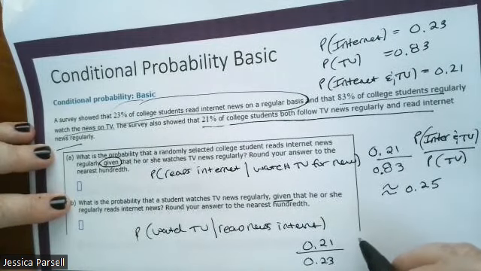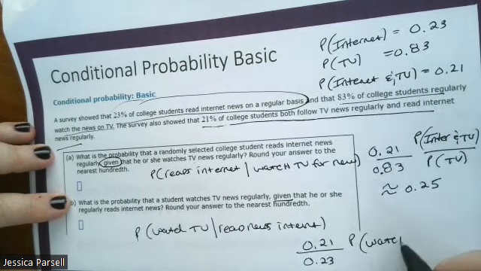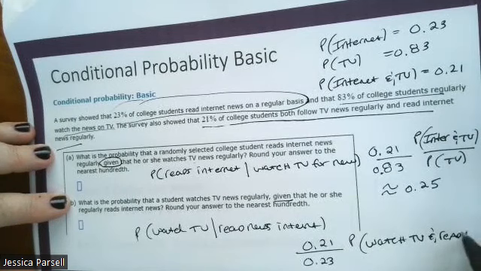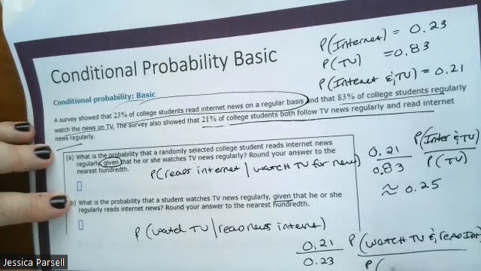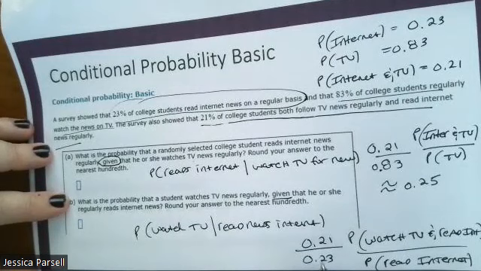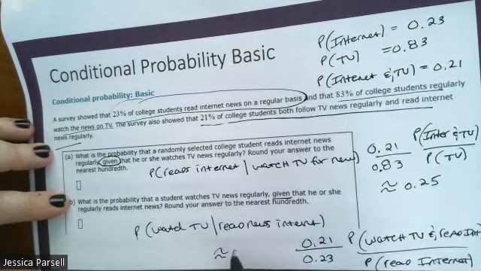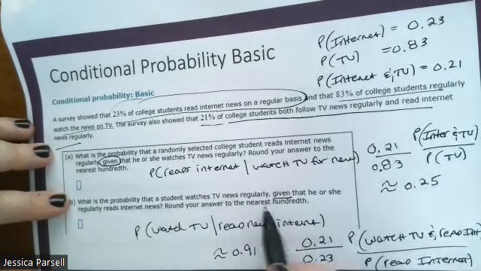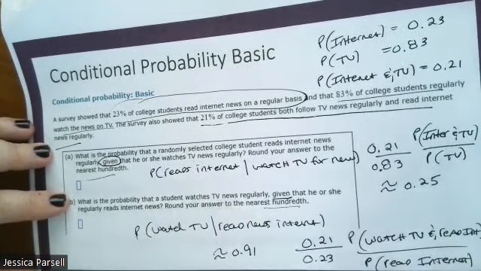So this would be, if I can write this out here, which might make things a little easier, the probability that they watch TV and read their news from the internet divided by the probability that they read their news from the internet. Okay, so 0.21 divided by 0.23 is approximately 0.91. I went ahead and just rounded to the nearest hundredth. Please check these calculations, make sure they look good to you.